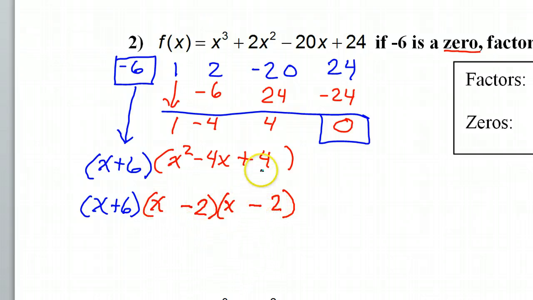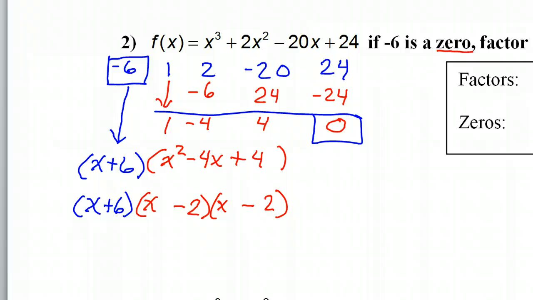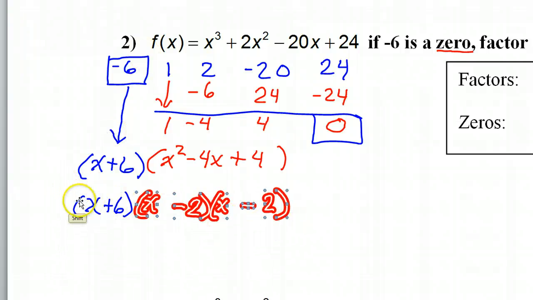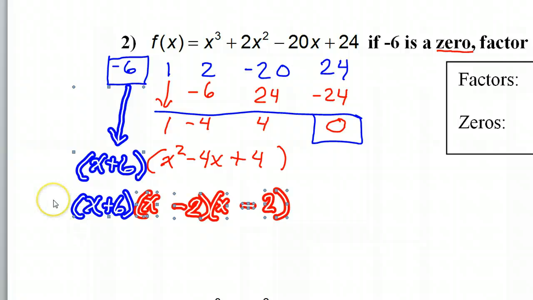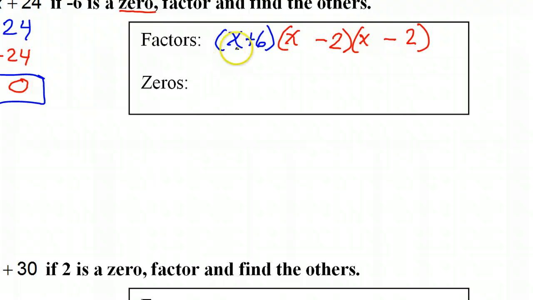Also, a negative times a negative is positive, so here you go. So look, we have now factored it completely. So we can just copy this over. Okay, so this is the factored form.